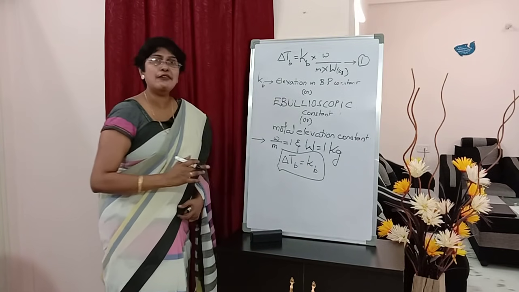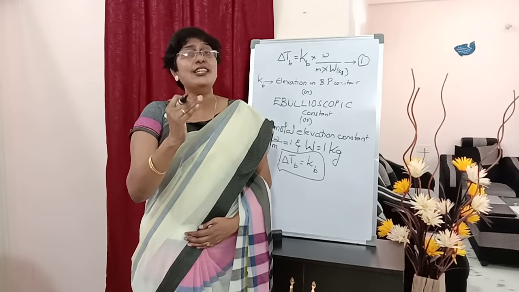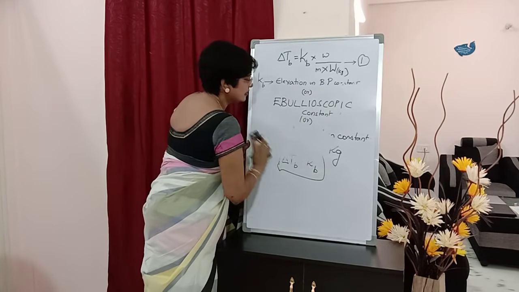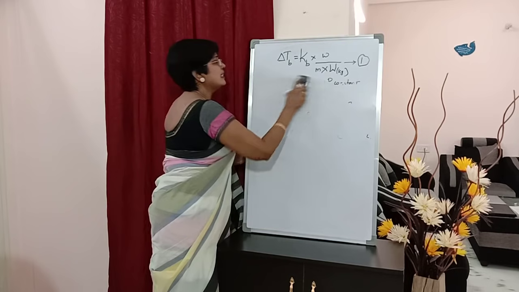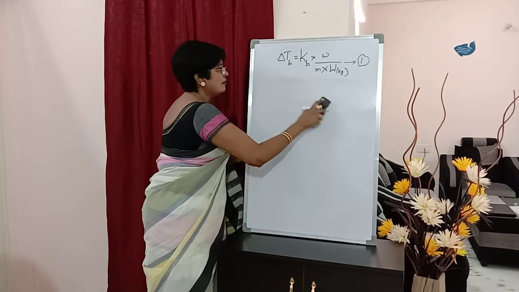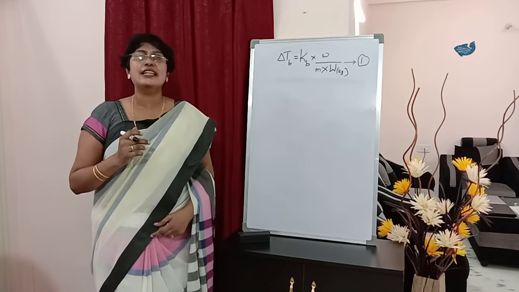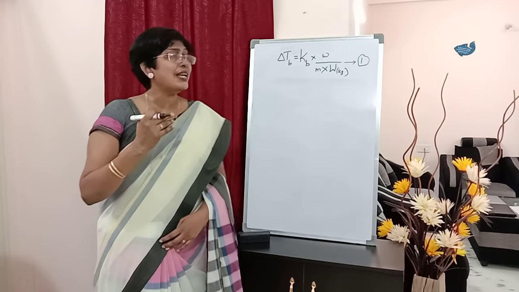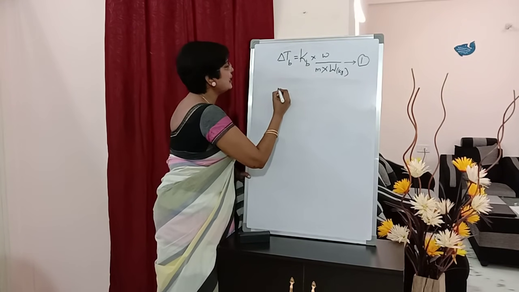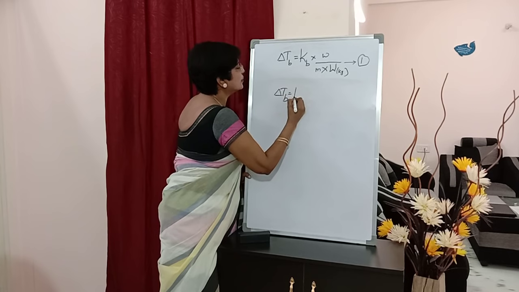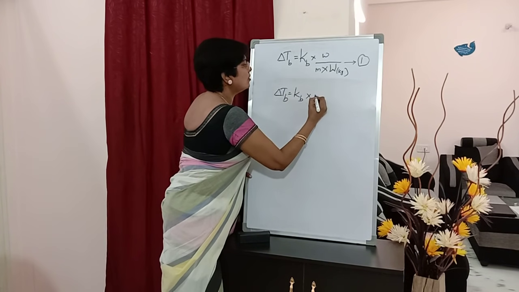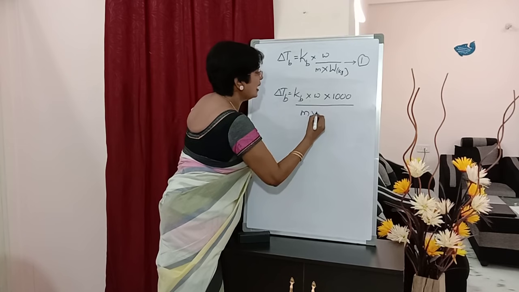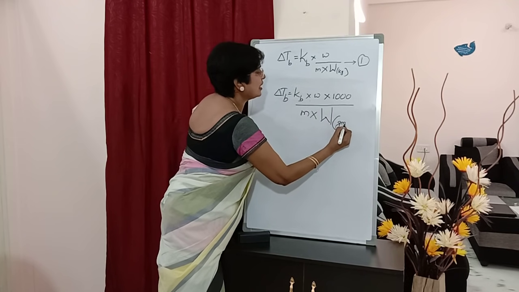Now below write down. If weight of the solvent is taken in grams, then equation 1 becomes delta Tb is equal to Kb into small w into 1000 divided by small m into capital W. Just with a pencil you write down, students, in grams.